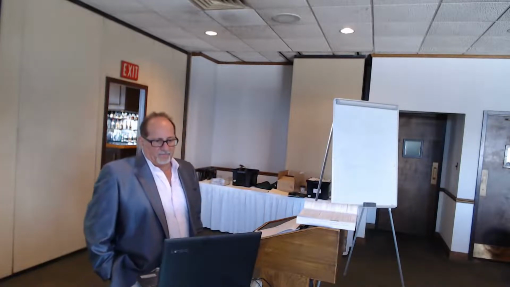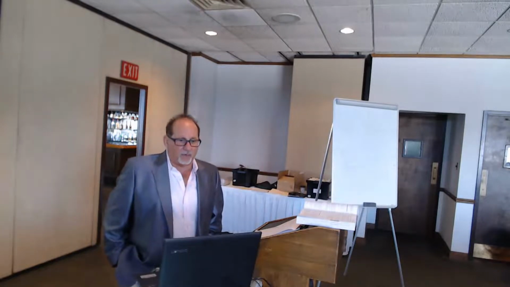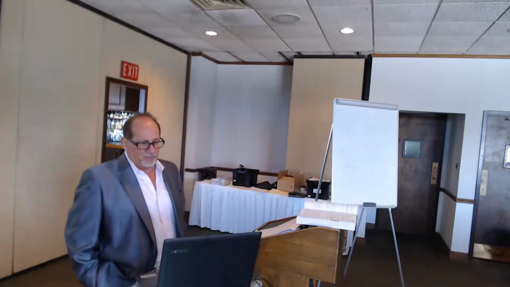Conviction of a money crime. So if you have a real estate license and you're convicted of a money crime, that's a violation of the act. Violating any regulation of the commission. Here's one too that's done a lot. Failure to provide accurate disclosure.